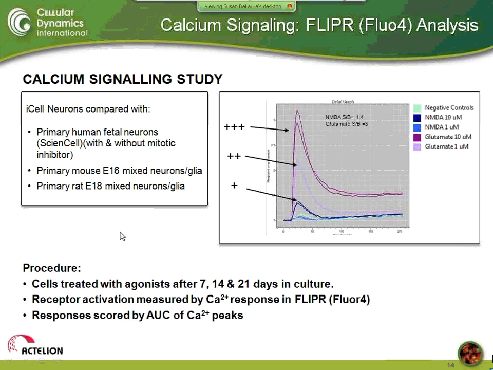They wanted to see if the expression level of the receptors in our cells changes over time, so looking at day 7, 14, and 21. And they were doing a calcium response using Slipper to determine the level of expression.